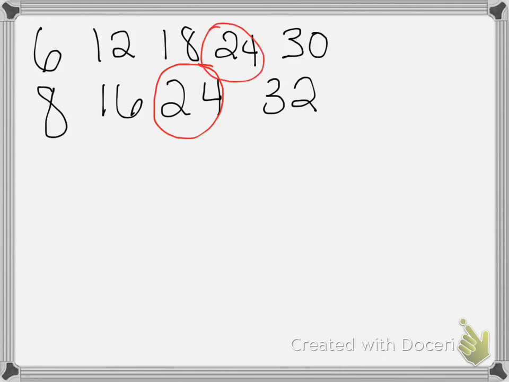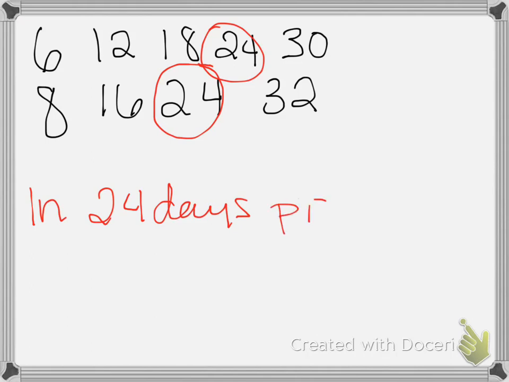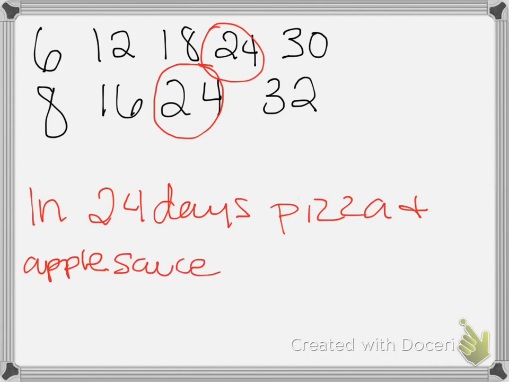So this means that in 24 days, pizza and applesauce will be on the same day.